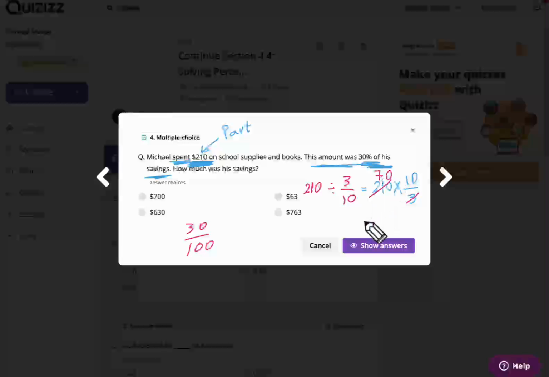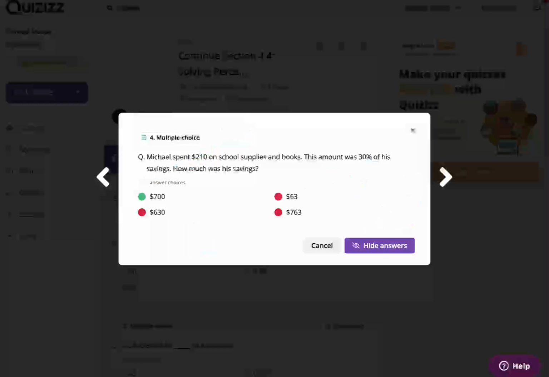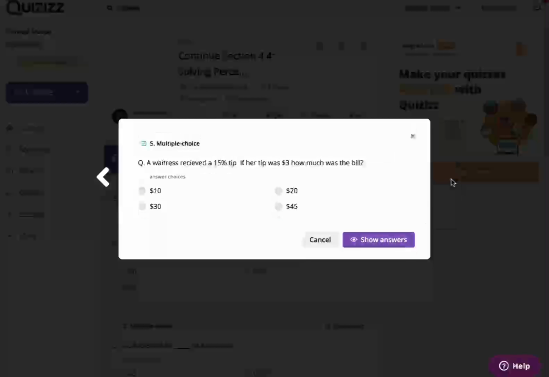Now, 70 multiplied by 10 equals 700. Okay, any problems? No. Okay, if you are writing, please finish writing quickly. Is there anyone writing? No. Okay, let's move to the next question.